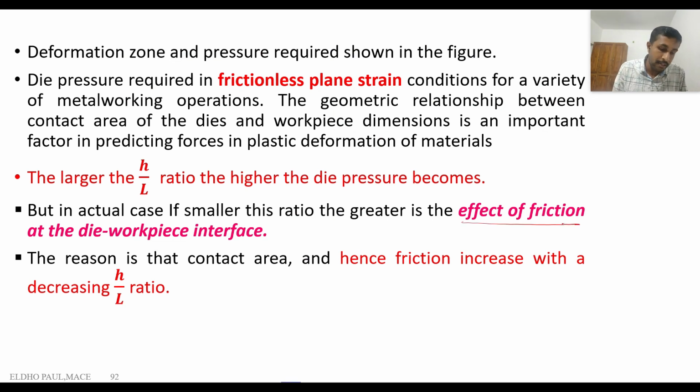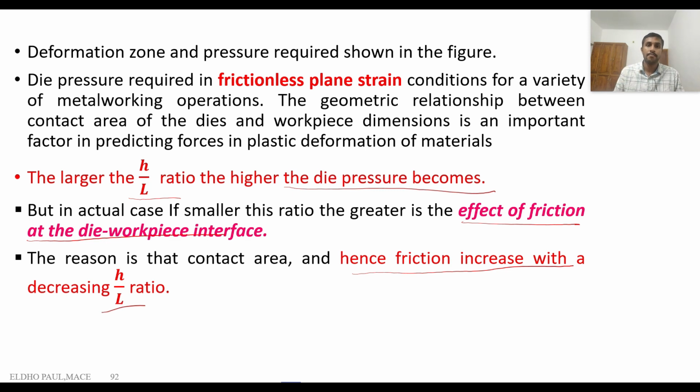The effect of friction at the die-work interface: in the ideal case with no friction, the larger the S/L ratio, the higher the pressure required. But in the actual case, when we consider the effect of friction, the friction increases with the S/L ratio.